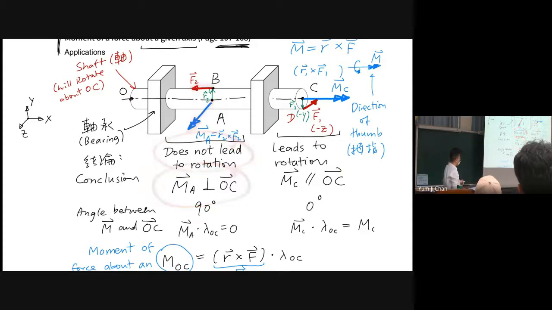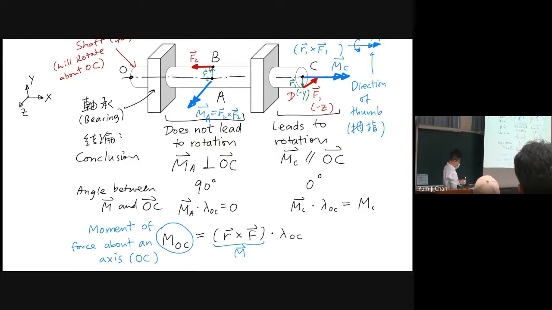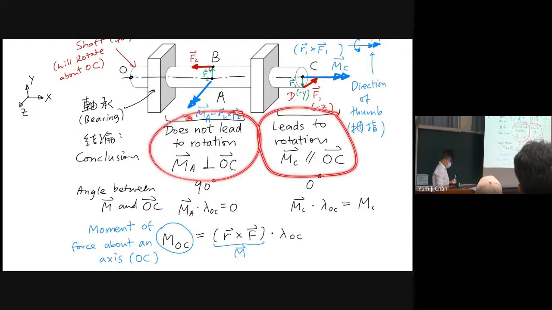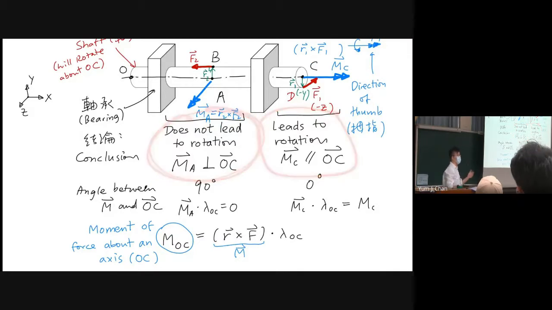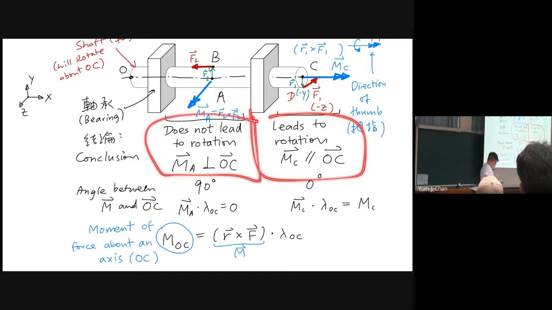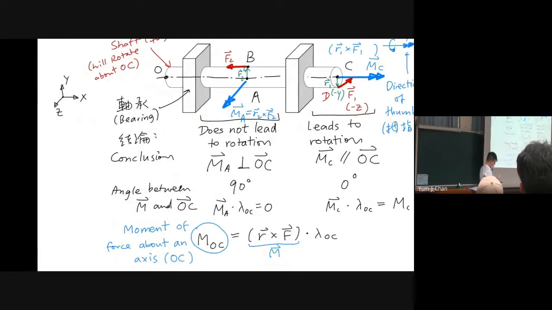So therefore, we want to describe this mathematically. We want to use mathematics to distinguish these two cases.